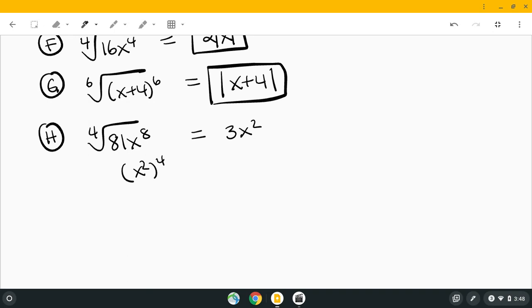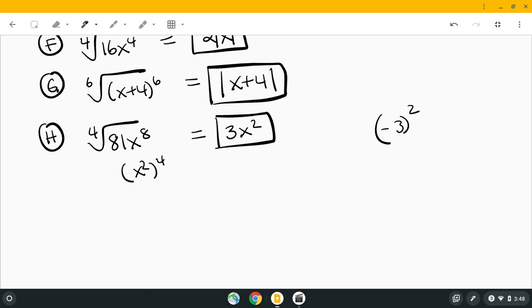Hopefully you said no. Because remember, we use the absolute value to ensure a positive result, right? But if it's already squared, x squared is always going to be positive. So it's like overkill if you throw in the absolute value. Watch it.